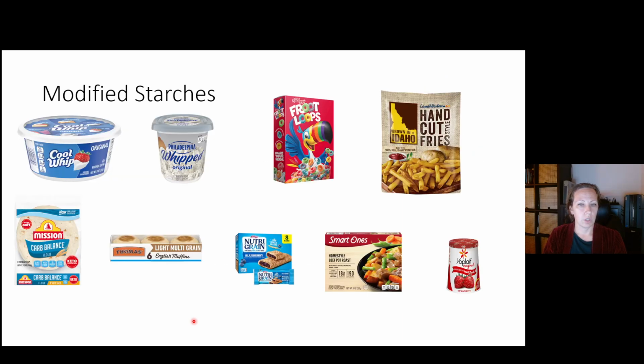Here I just wanted to show some examples of products that have modified starches in them. Some of them are more obvious than others. Like Cool Whip and whipped cream cheese. The reason that the starch would be added there is for stability.